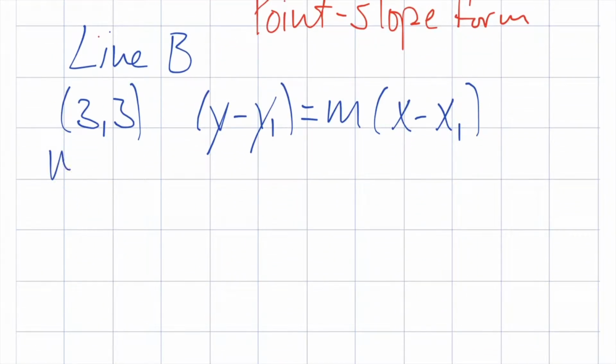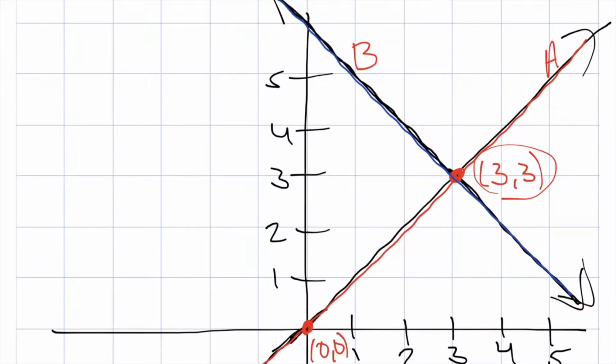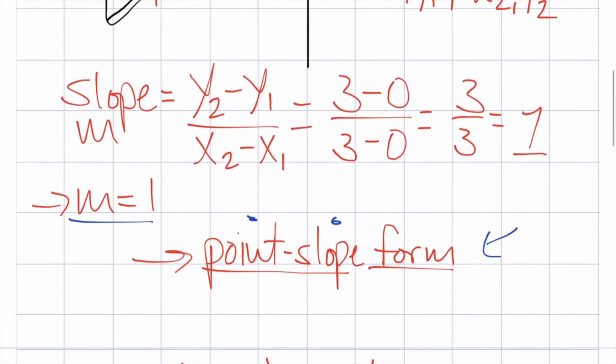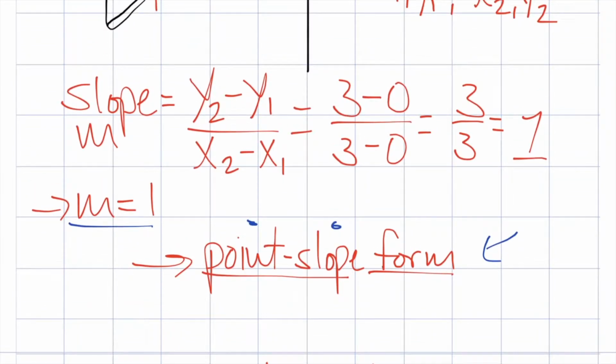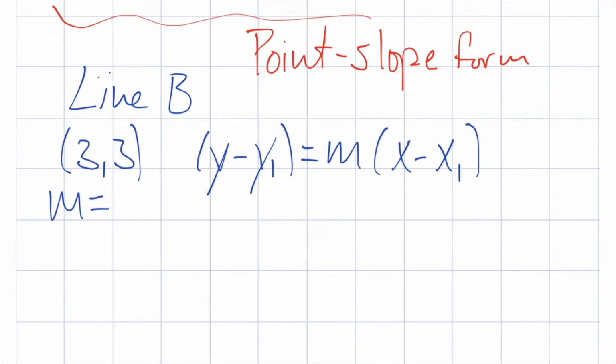And our slope, I mentioned before that a property of perpendicular lines is that they have negative reciprocal slopes of each other. So if the slope for line A is 1, the negative reciprocal of 1 would be negative 1 over 1, which is just negative 1. Okay? So let's plug it in.